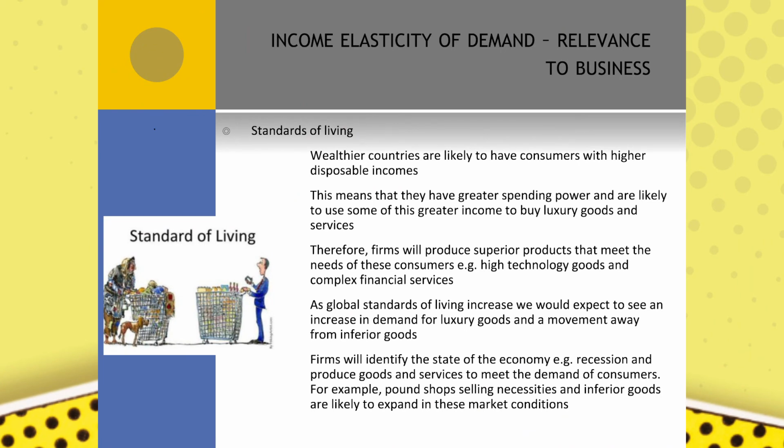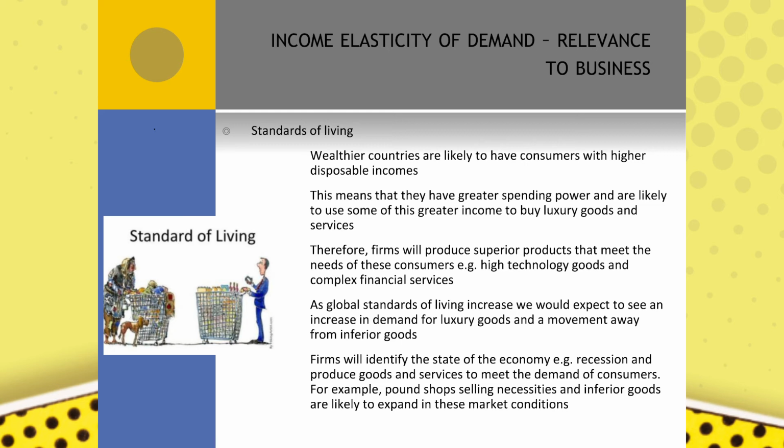And then in connection to business, wealthier countries are likely to have consumers with higher disposable incomes. So this means people have more money to spend on other things, not just necessities. So they can start buying more luxury goods. So therefore, firms would produce more luxury goods to meet that demand.